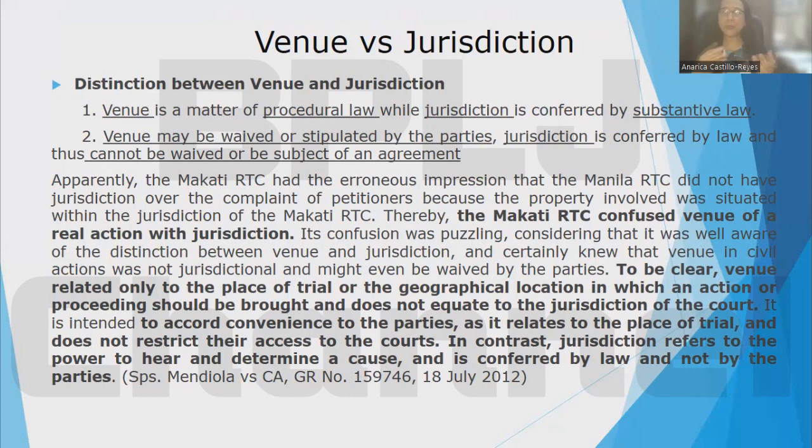So it is conferred by Congress through a law, okay, determining the courts which have jurisdiction over certain cases. On the other hand, venue is a matter of procedural law, and it can be waived or stipulated by the parties. On the other hand, jurisdiction is conferred by law and thus cannot be waived or be the subject of an agreement.